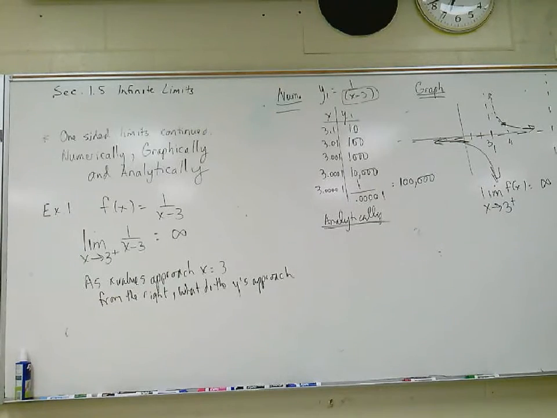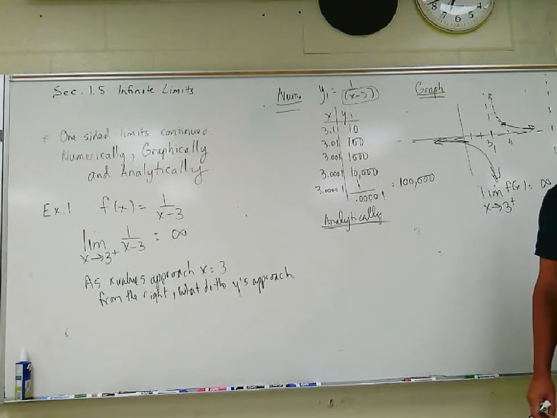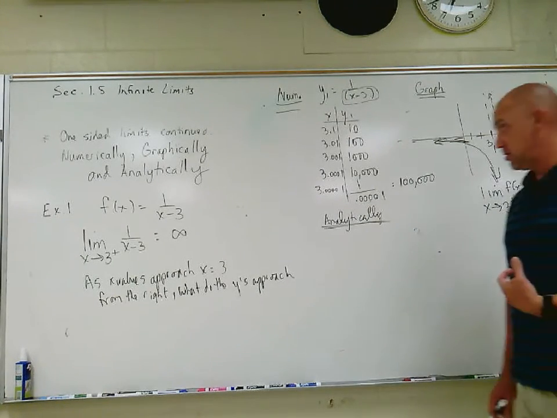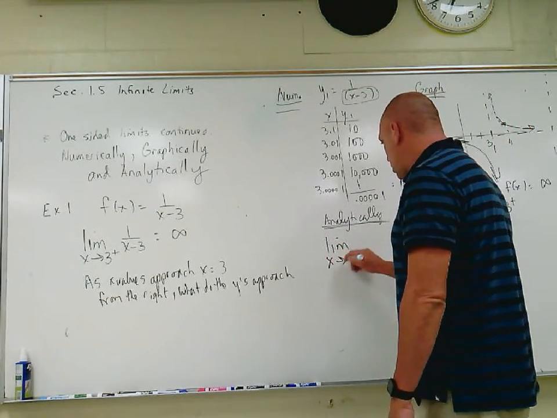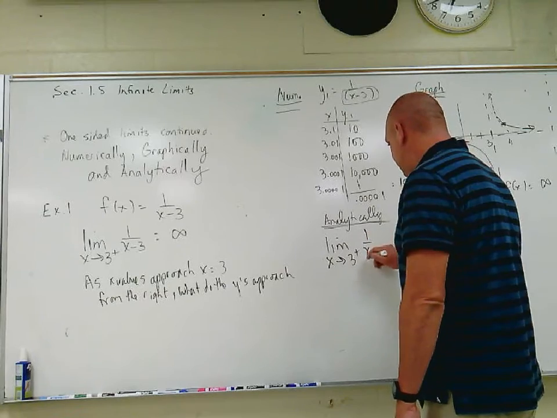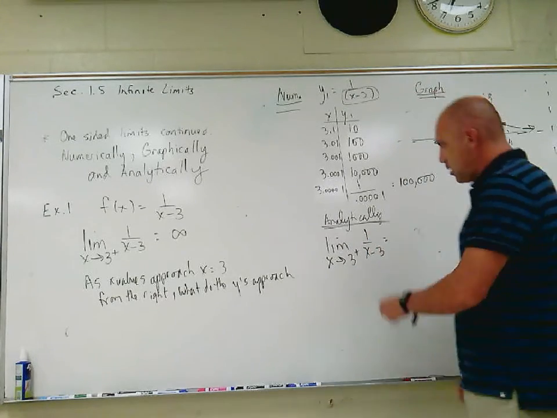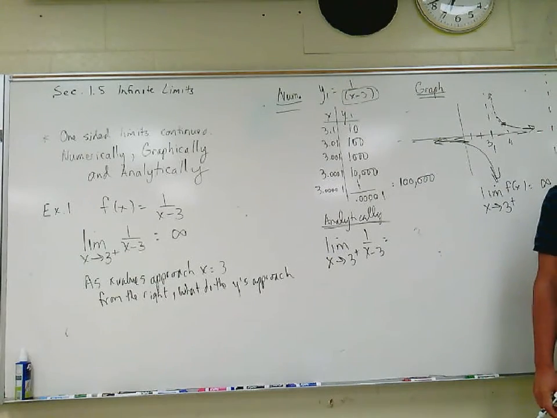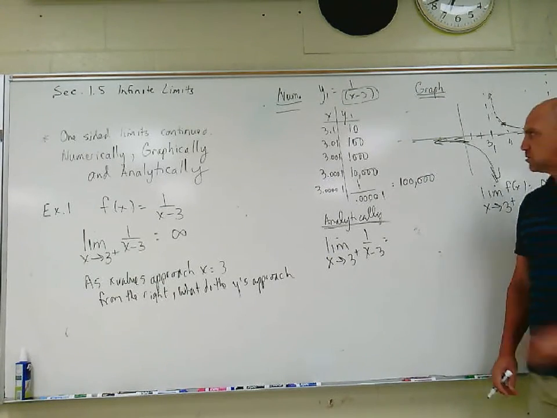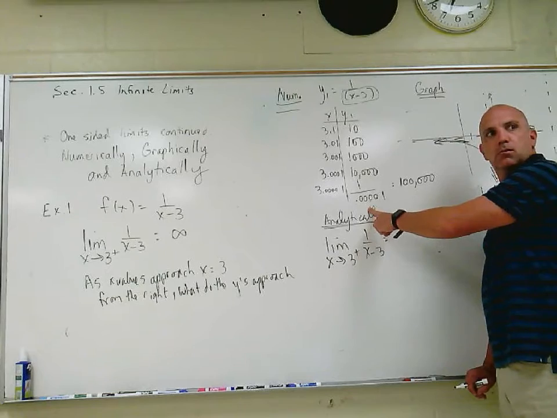Okay, analytically. So how am I going to do this by hand? I'm going to tell you, here's how I would work this. I'm going to go ahead and plug this in. I'm going to plug the 3 into the bottom. But I'm not going to put 0, I'm going to put what type of 0? Because the bottom is going to 0.